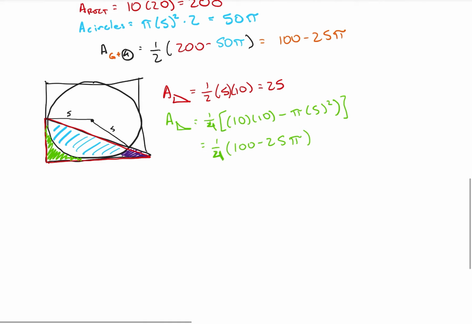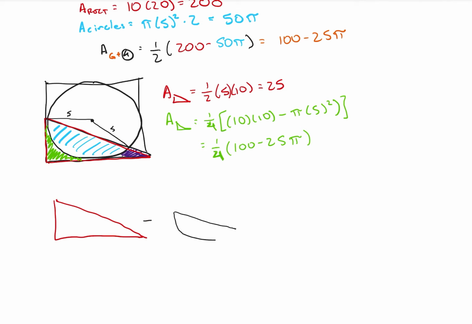Let's look at some geometry real quick. If I take this region and I subtract this portion that's in the circle, but I include this, so if I subtract that whole thing, we're adding a little bit of extra.